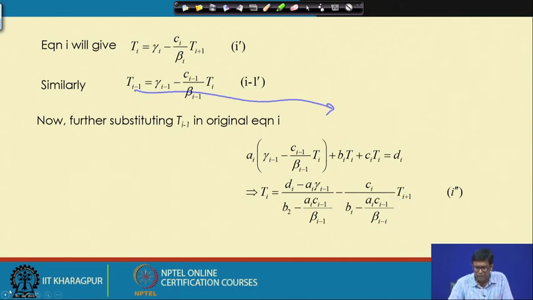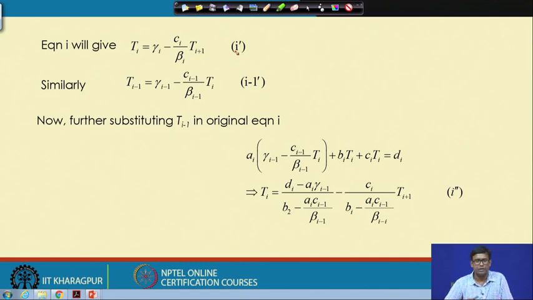So, we can rearrange it and write Ti is some constant minus Ci by another constant into Ti plus 1. Now, if I compare equation i prime and equation i double prime, they are basically the same equation, Ti expressed in terms of Ti plus 1. We will see that this term matches this term, this term matches this term, and this term will match this term.